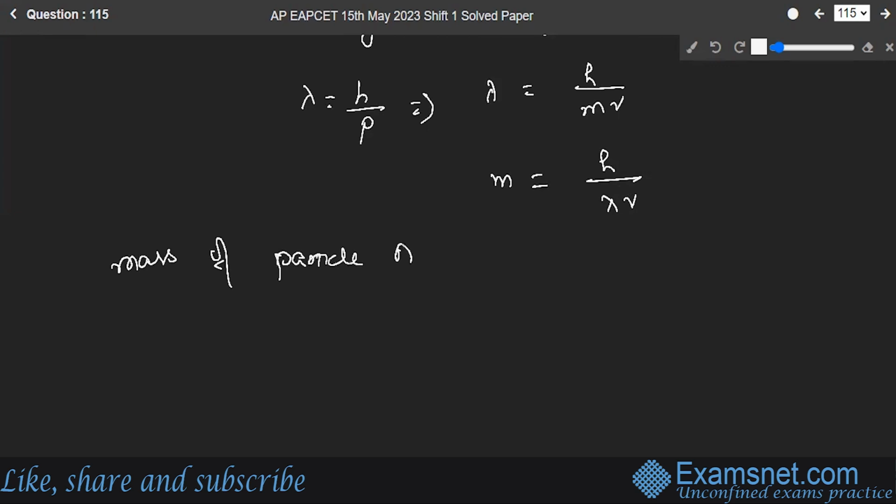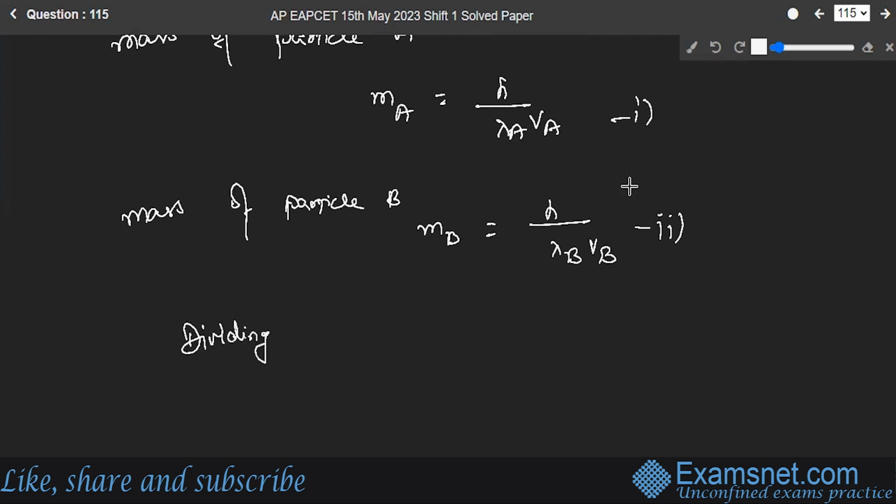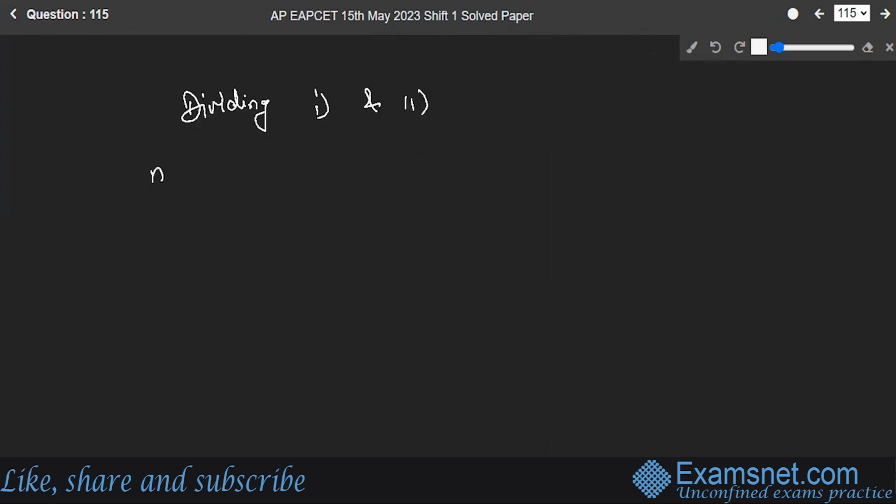Mass of particle A is this, right? So for B, mass of particle B is given by this. So let's say this is equation 2 and equation 1, dividing 1 and 2, you have MA upon MB is equal to this.